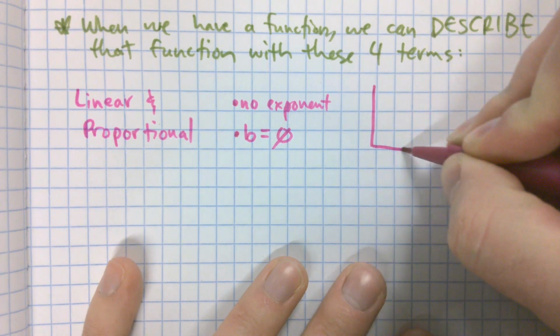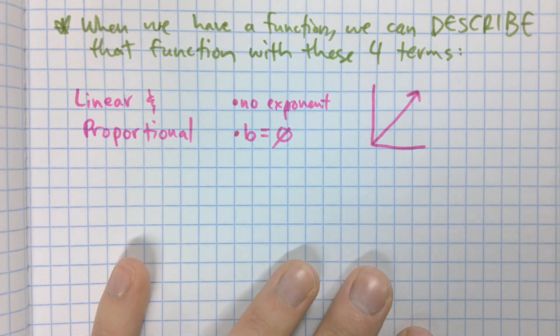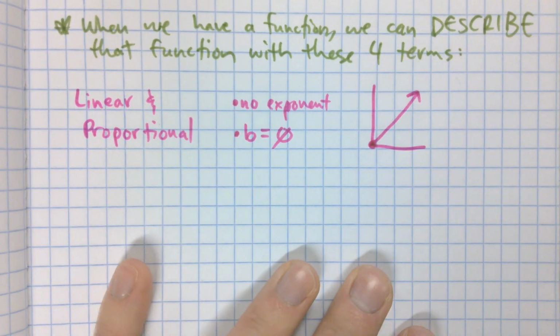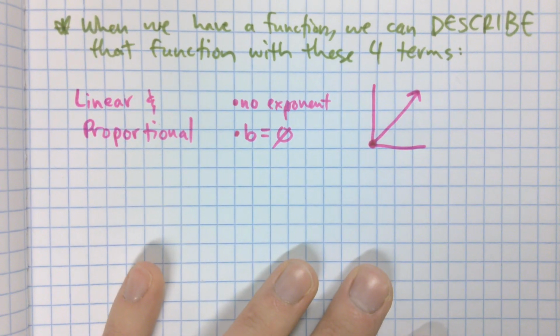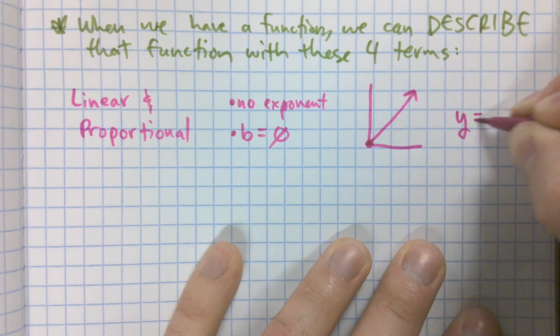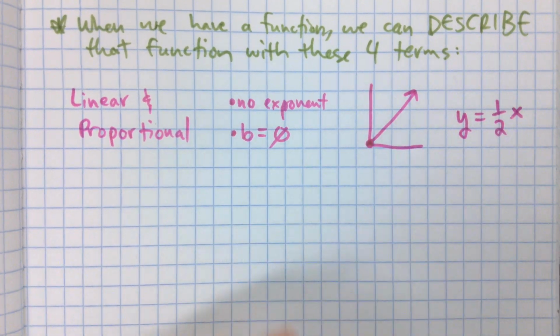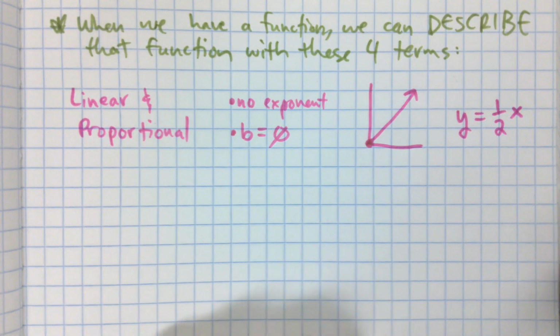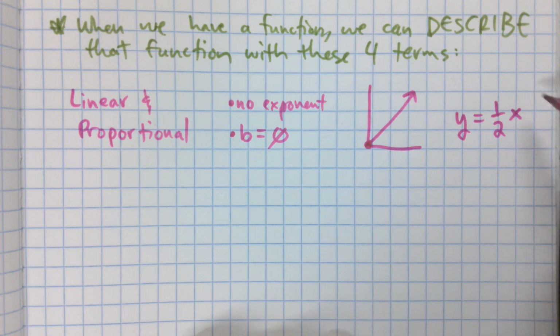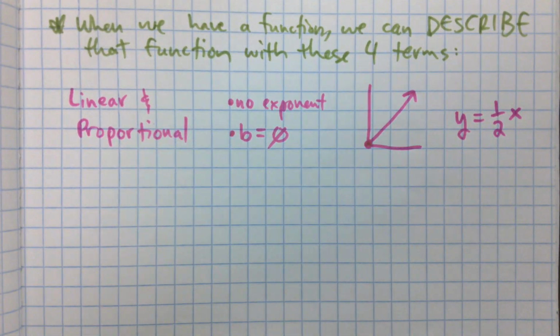On a graph, it would look something like that, right? Through the origin, straight line. If we had an equation, it would look something like y is equal to 1/2 x. There's no exponent on my variable. There's no b value being added onto the end. That is linear and proportional.